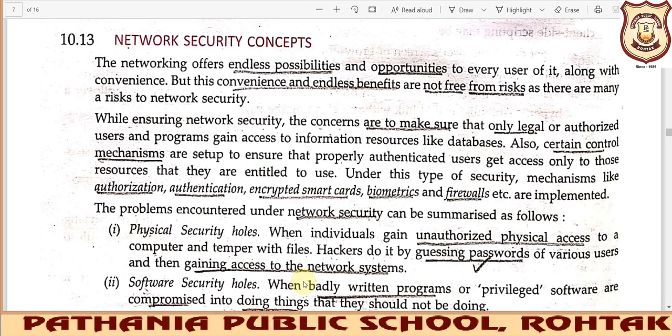Next comes your network security concept. Security is one of the major issues nowadays. Why? Because we have started our online banking or net banking facility, which we use on a daily basis. We are using e-commerce websites where we do shopping, so we need to pay money.